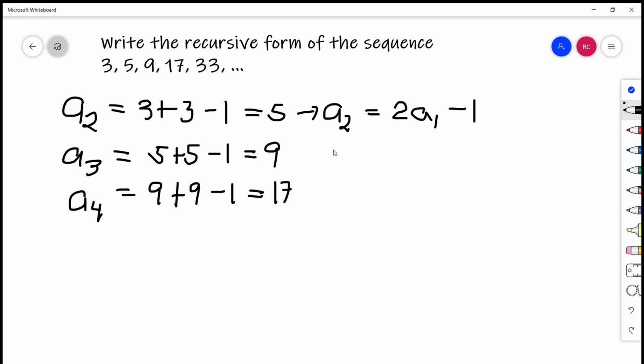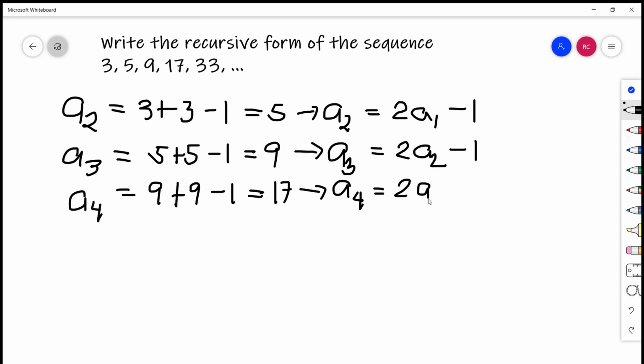So, dalawang first term. And then, we have A sub 3 is equal to itong dalawang 5. Meron tayong dalawang second term minus 1. And then, for the fourth term, kakaroon tayo ng dalawang third term. So, 2 times A sub 3 minus 1. So, what will be our fifth term?